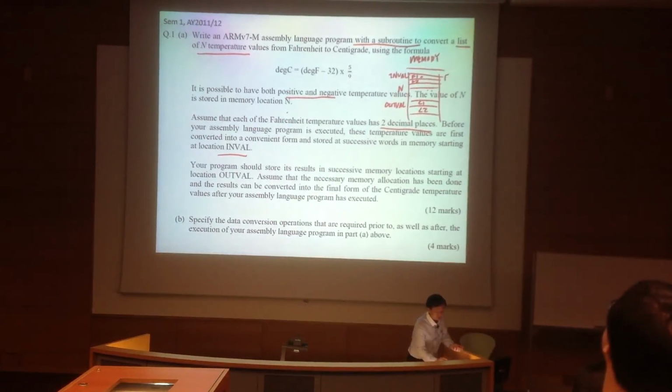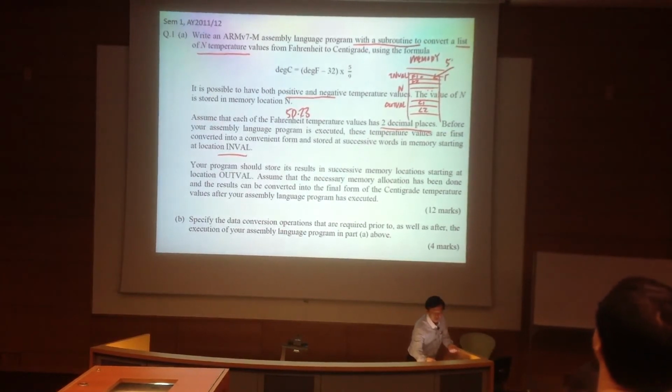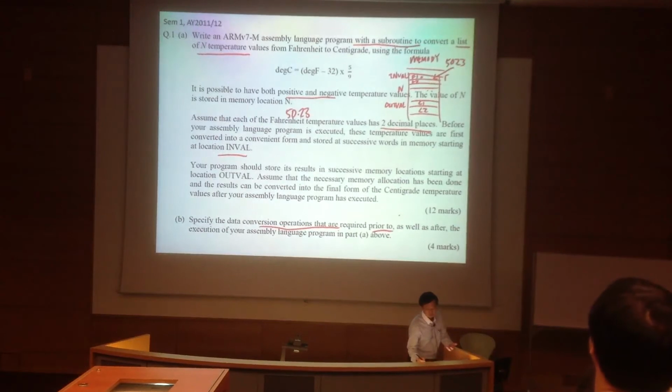So let's say you have a temperature like 50.23. You will convert it such that the value that's actually stored there is an integer like 5023. So 5023 is like you actually have a data conversion operation before you ran the assembly language.